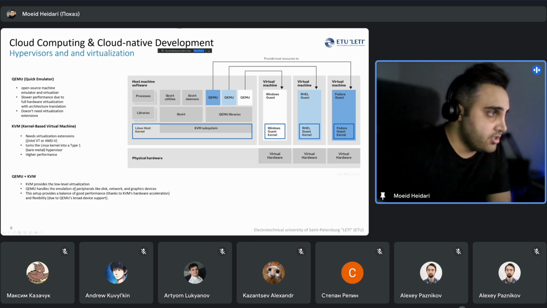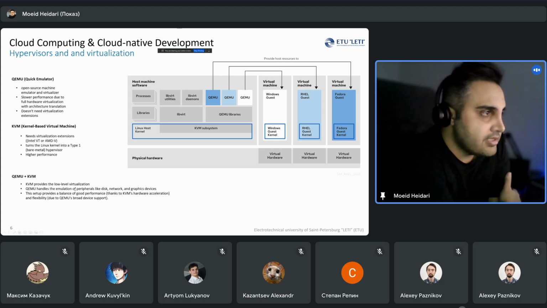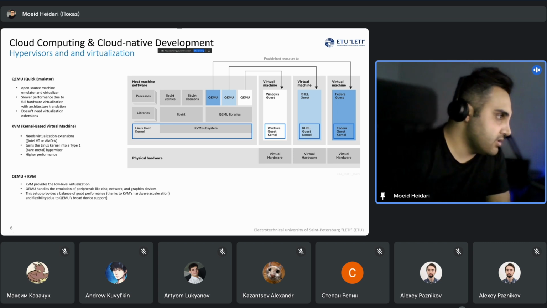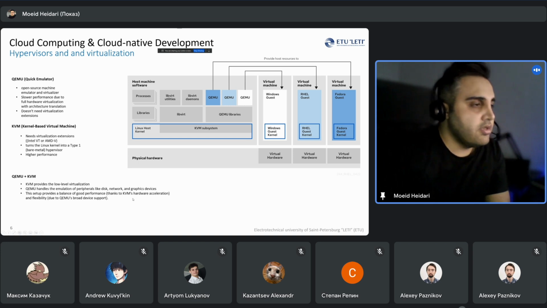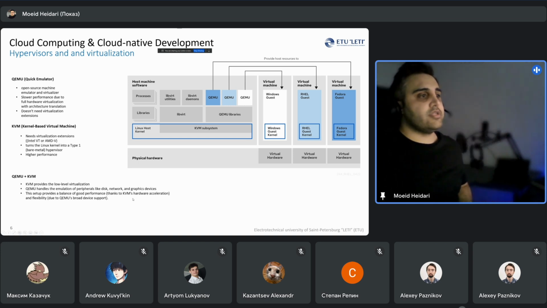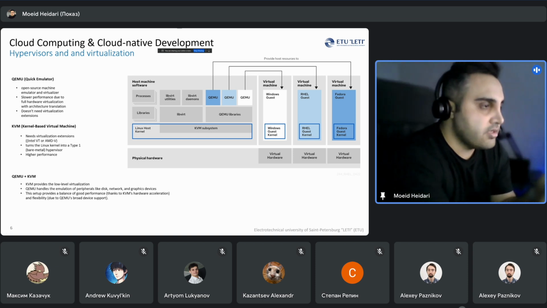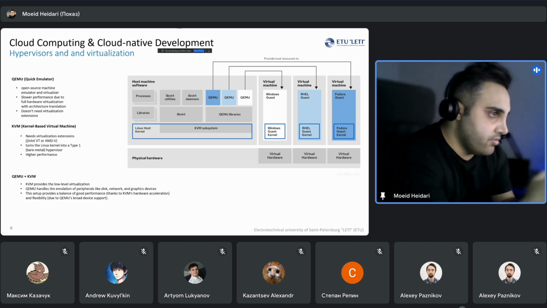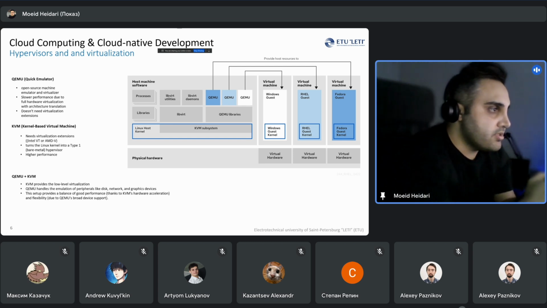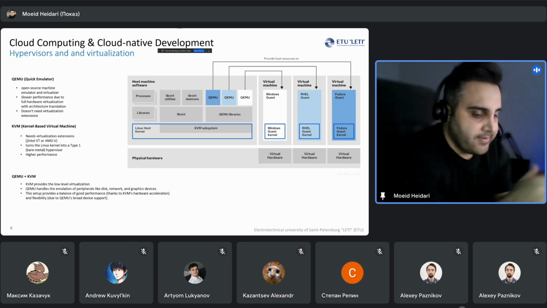QEMU handles the emulation of peripherals like disk, network, and graphic devices. As you can see here, this setup provides a balance of good performance thanks to KVM's hardware acceleration. But as I said, it's just available in a condition where you have this hardware acceleration enabled on your processor, and the flexibility due to QEMU's broad device support.